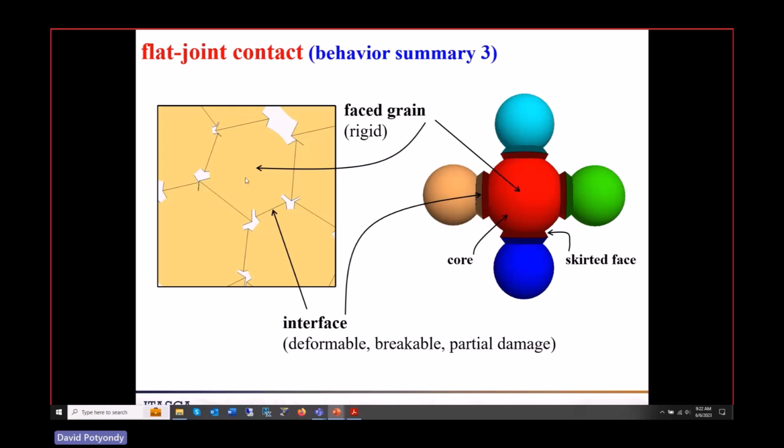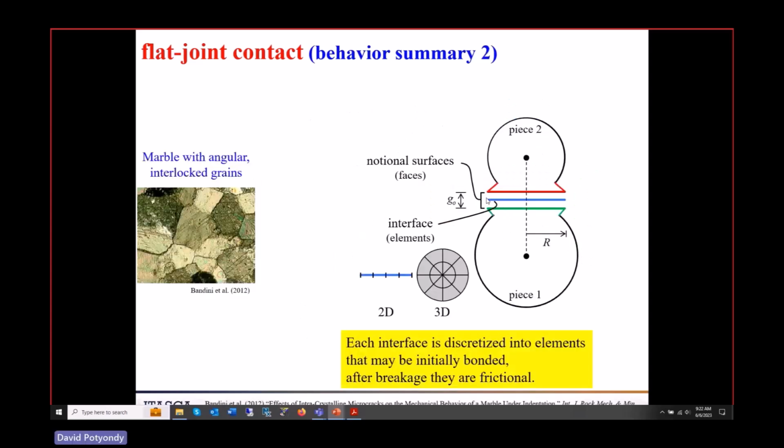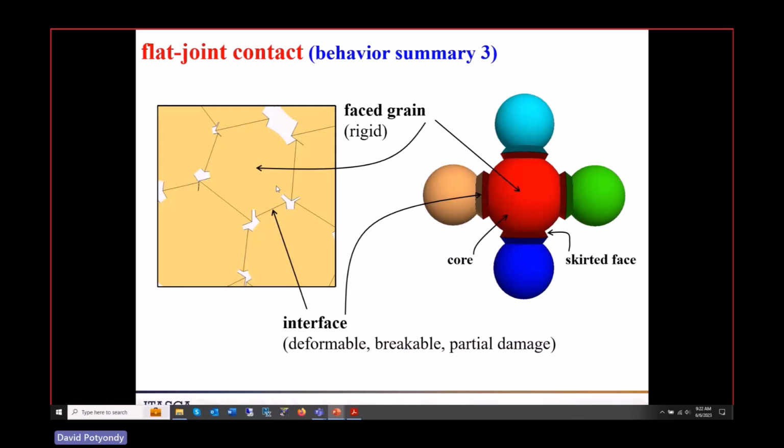This is what this system looks like. If I try to draw a way of visualizing a flat jointed system in 2D, it looks like this. Here's a grain. It has 1, 2, 3, 4, 5 contacts. I'm going to say they're flat jointed. One of the parameters of the flat joint is the radius, so you're specifying this radius here, R. For this system, it's as though this disk suddenly had this shape, and this part here had this shape.